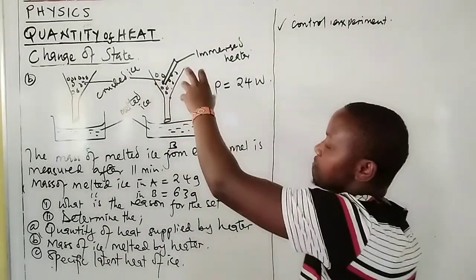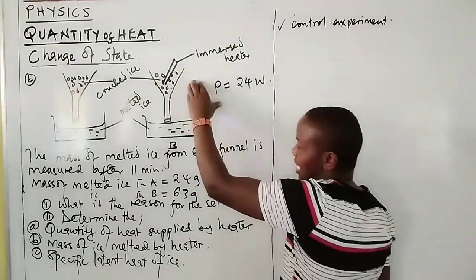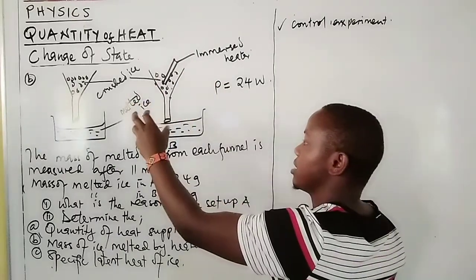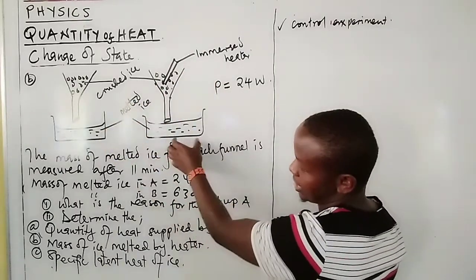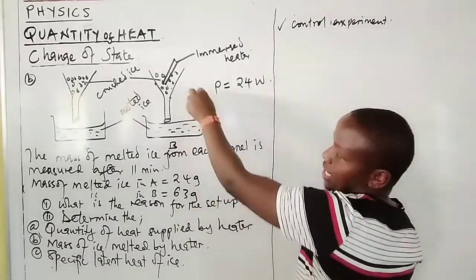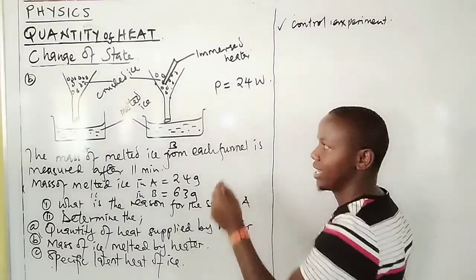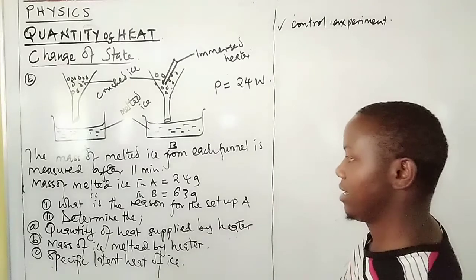So for B, where there is an electric heater, some of the melted ice would still have melted naturally, even without the heater.